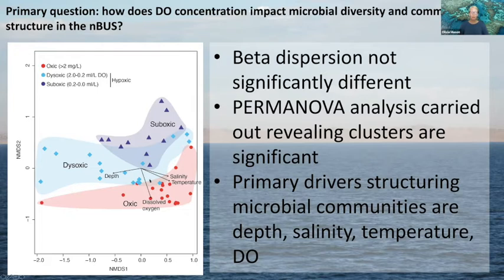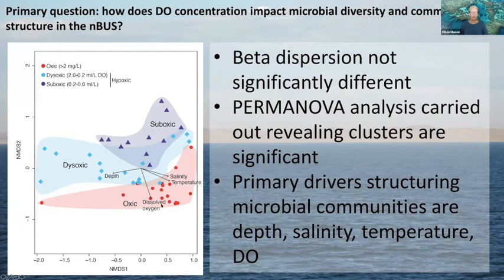So now the next step is to overlay your environmental data onto this, and you can see that this vector is indicating that oxygen is increasing. And so how you can interpret this is that as you go along primarily the second axis, your oxygen concentrations increase, and you have your highest oxygen concentrations here.